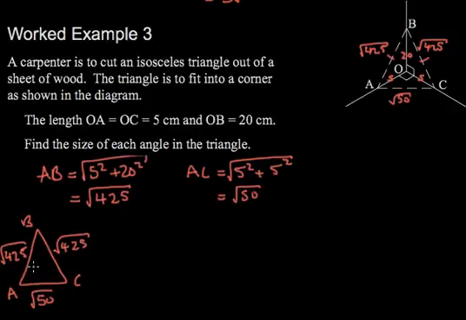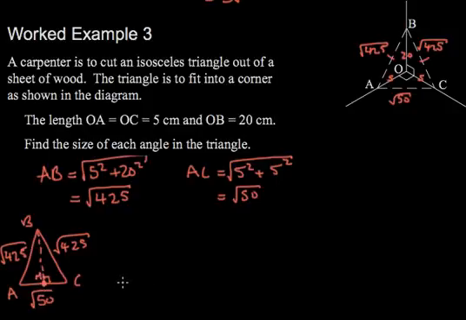I could use the cosine rule, but there is a simpler way of doing this as well, and this is just using normal right-angled trigonometry. So by cutting this in half, I can get a right-angled triangle from that, and then it could be simpler. So I'm going to call that point there M for midpoint.